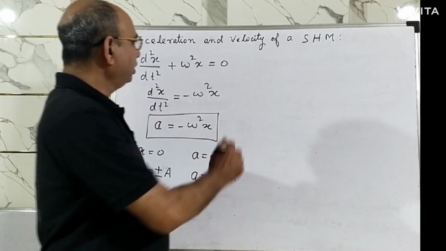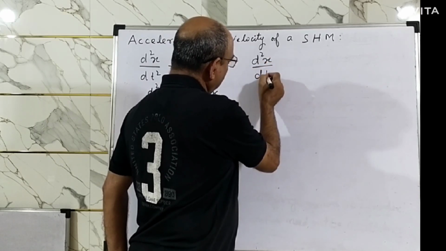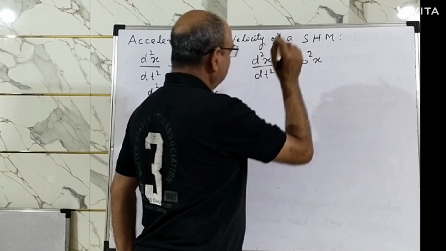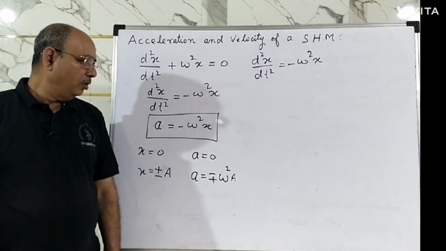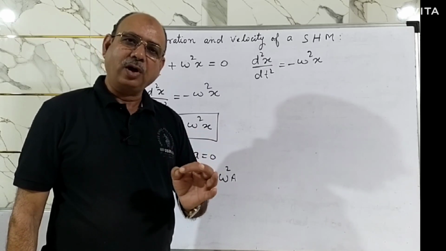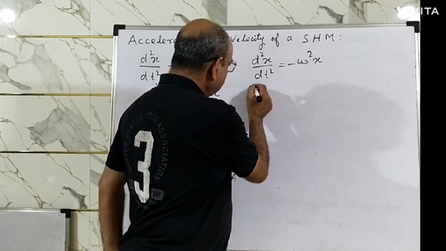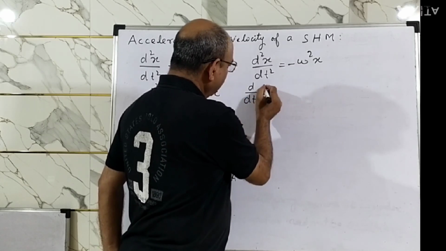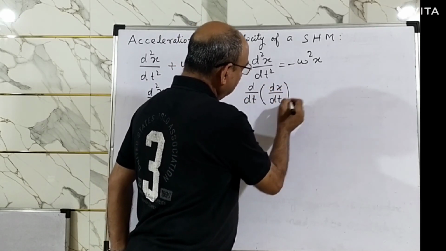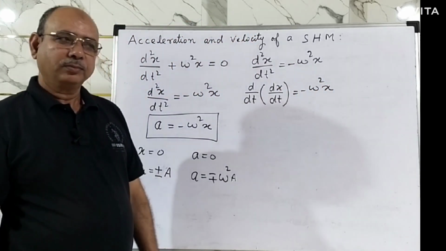d square x upon dt square is equal to minus omega square x. Now here we have to find velocity in terms of the displacement x. We write it as d upon dt of dx upon dt is equal to minus omega square x.